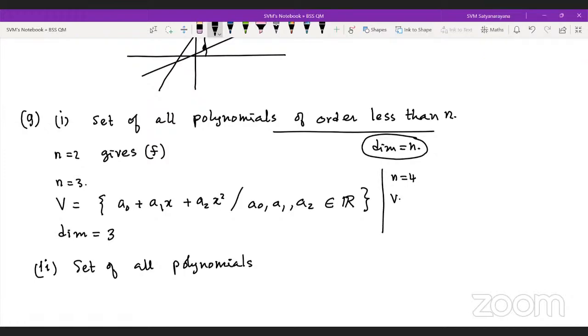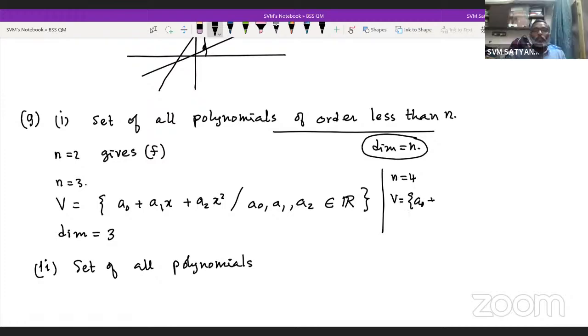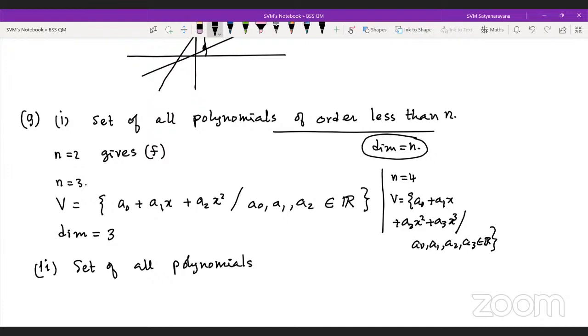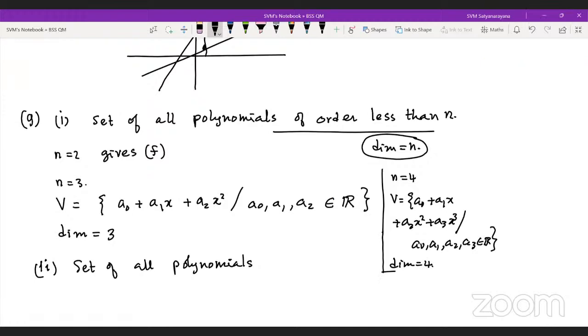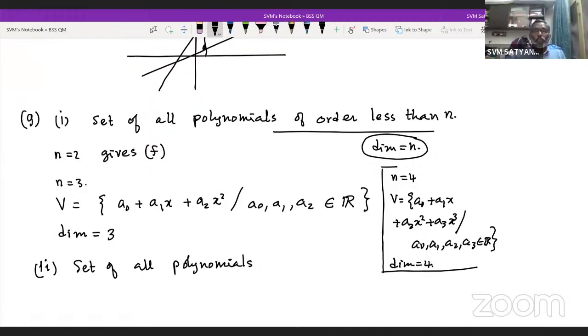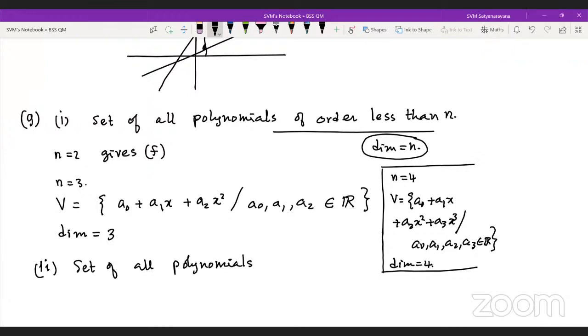Your vector space is a0 plus a1x plus a2x square plus a3x cube, such that a0, a1, a2, a3 are real numbers. How many real numbers are required? 4. So the dimension is 4. Oh, so it depends upon the n. Yes, it is actually equal to n. Now understood. Thanks.